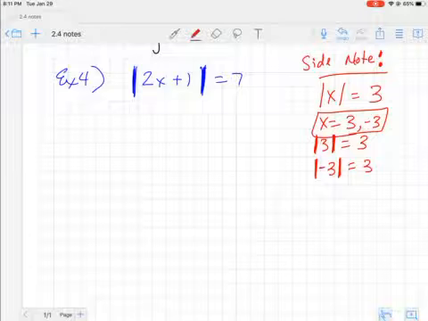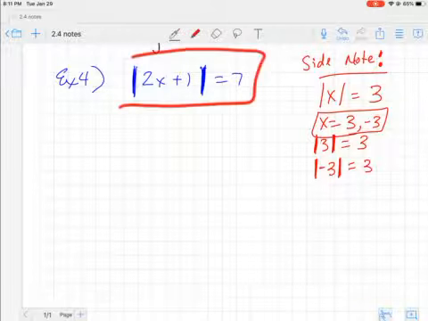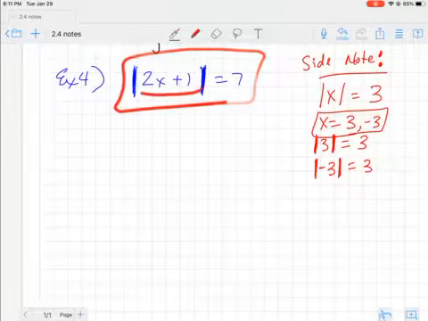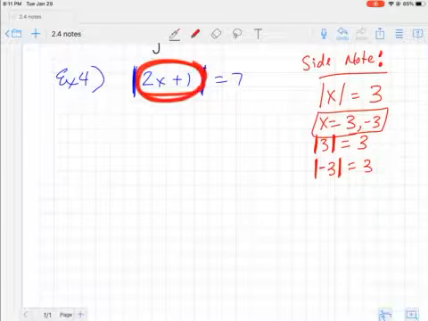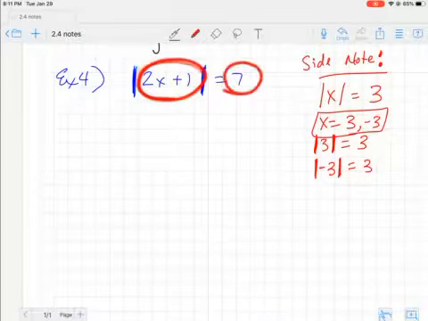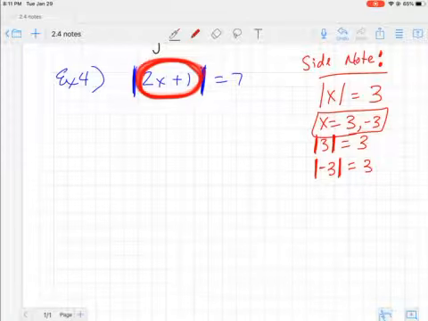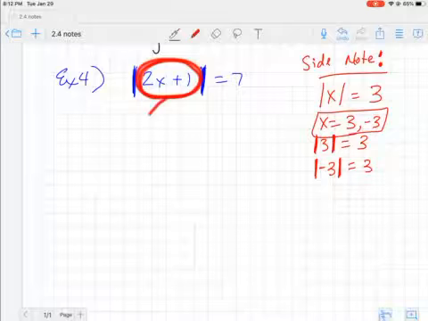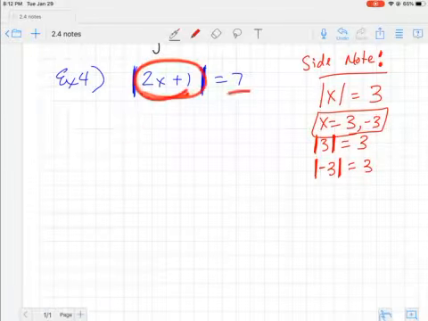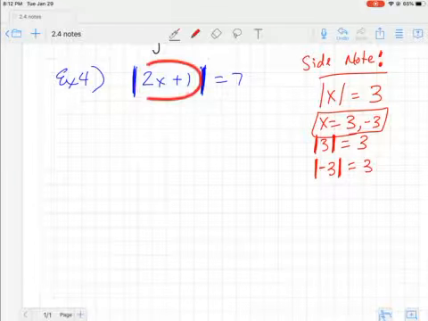Okay, check this out. I'm over here with my equation, and I'm saying the guts of this absolute value is going to equal 7. So the total guts of this absolute value could equal what? A positive 7, because the absolute value of 7 is 7, and a negative 7.